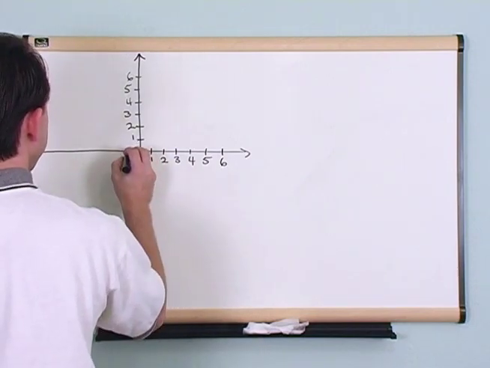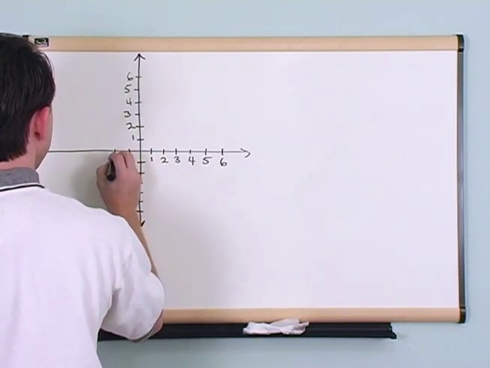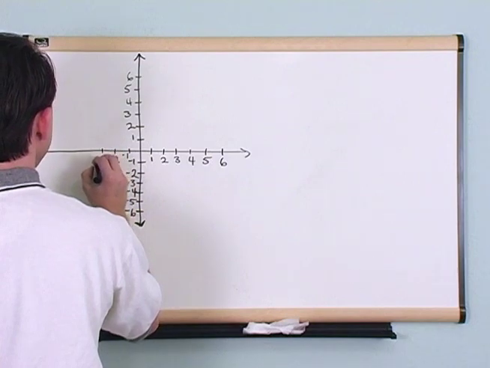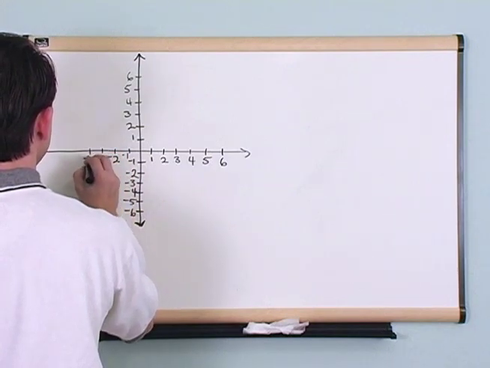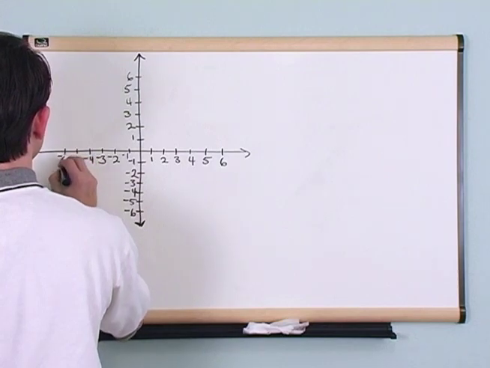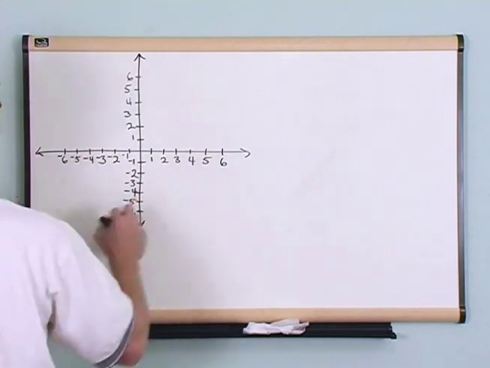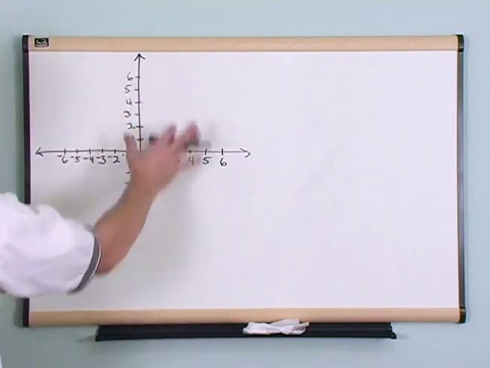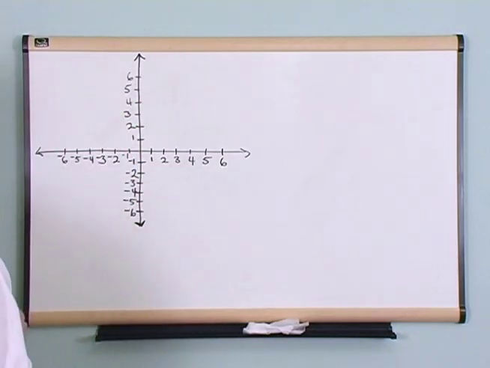Now notice I'm just picking numbers here. I could make them go out to -10, -15 if I wanted to. It doesn't really matter. And these axes go on to infinity. I just wanted to draw with a few more numbers here so we could be effective.